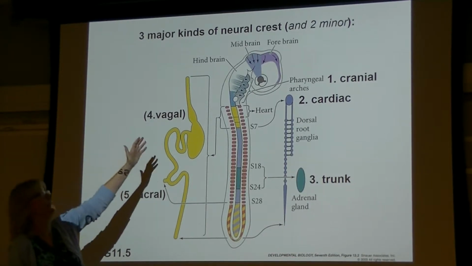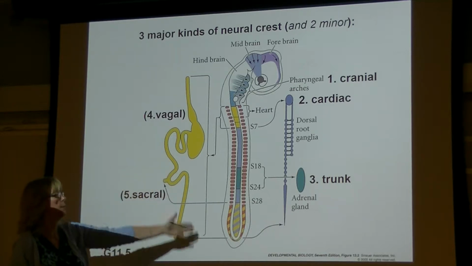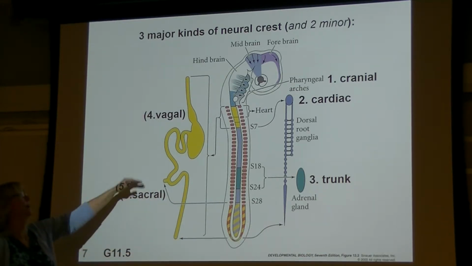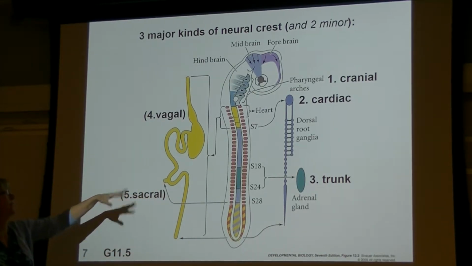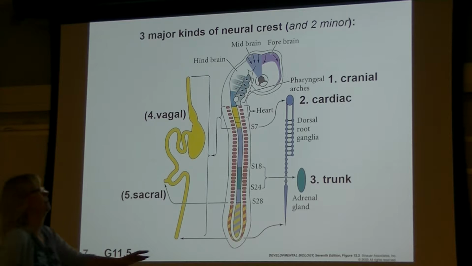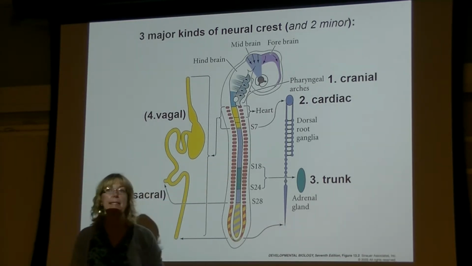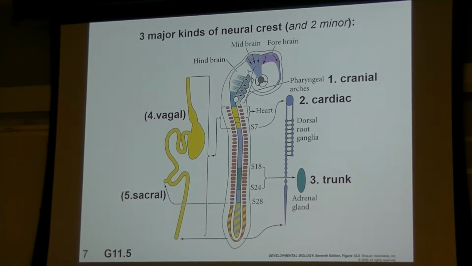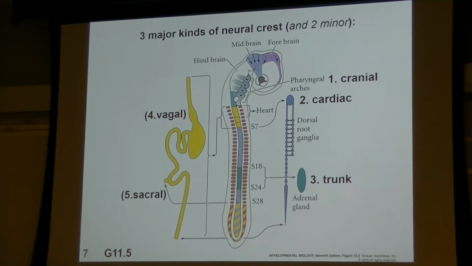So cranial tissues, cardiac tissues, trunk tissues, and then in a more minor sense, some of the things to do with the gut and sacral tissues. So we're going to just take a briefer look at three main types of neural crest cells, just to give you a sense of what these cells are and what they're doing in these different locations.